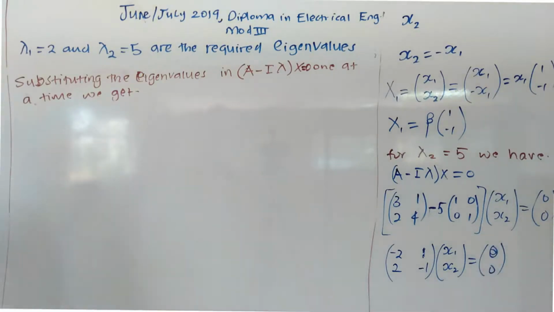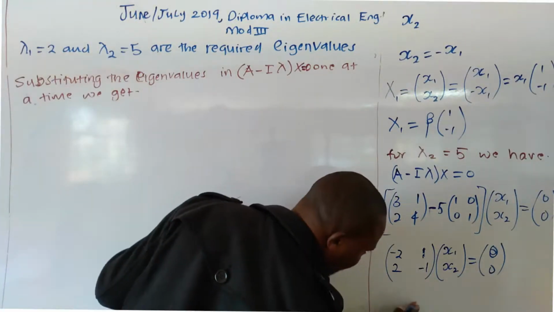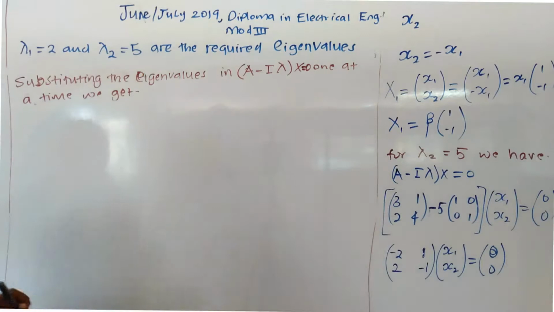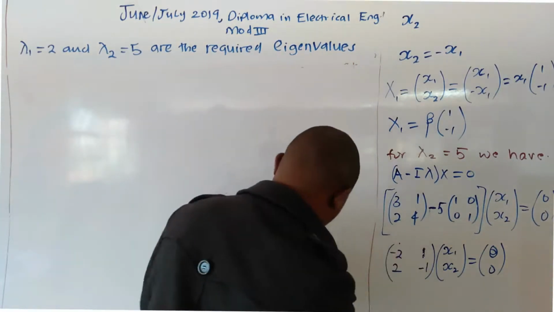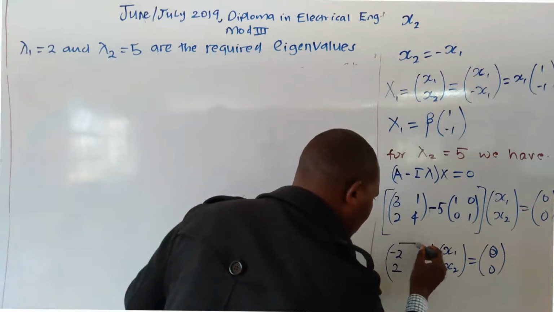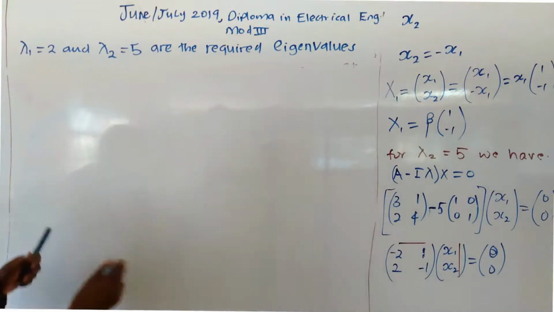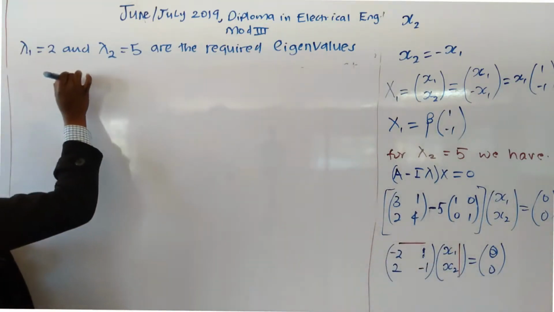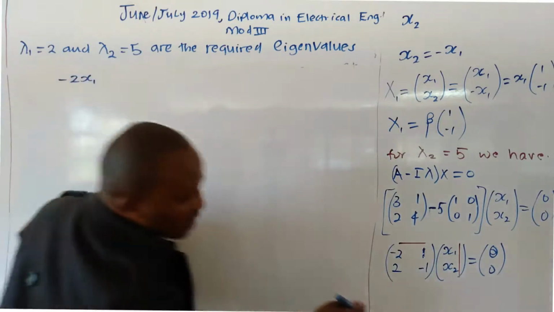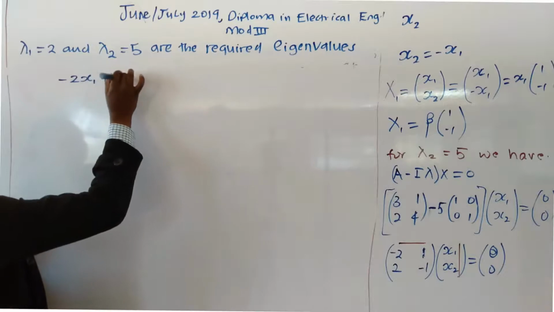If we now rewrite that in algebraic form by multiplying the two matrices, taking row by column, let's do the matrix multiplication. It is x1 times negative 2, negative 2x1, plus 1 times x2, plus x2, is equal to 0.